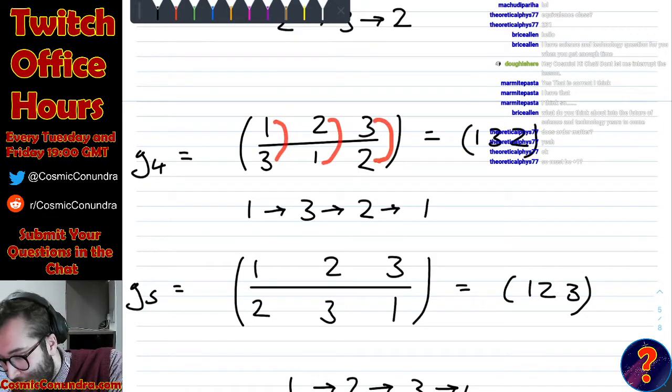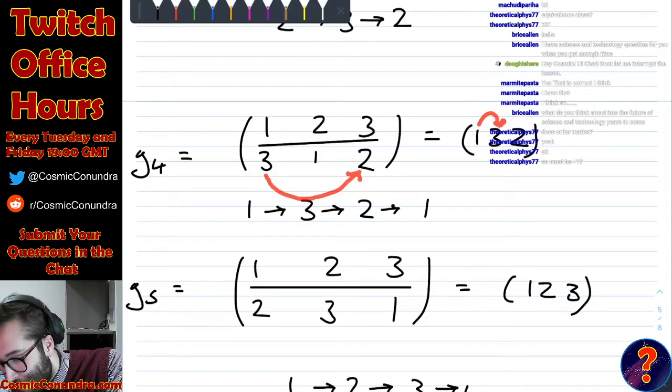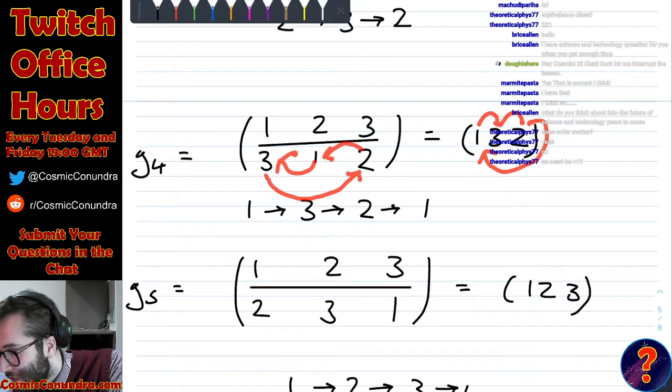And if we do the same thing again, so we take the thing in the first position to the third position, well, that means the 3 goes back to where it started, and then the thing in the third position to the thing in the second position, that means the 2 goes back to where it started, and the thing in the second position to the first position, the 1 goes back to where it started.